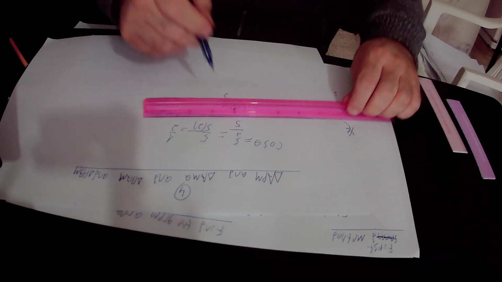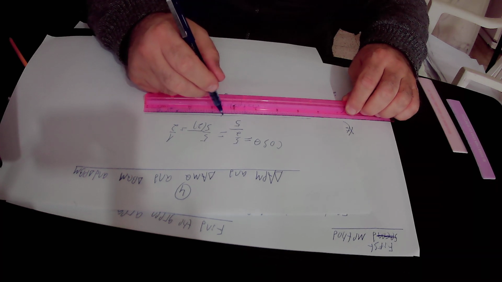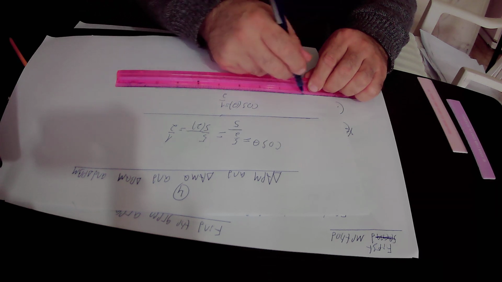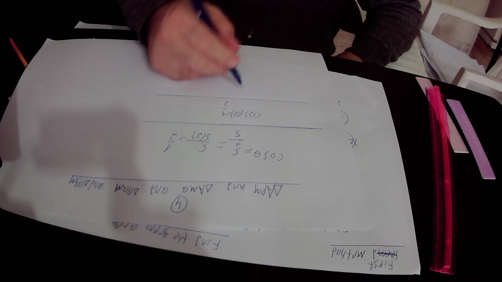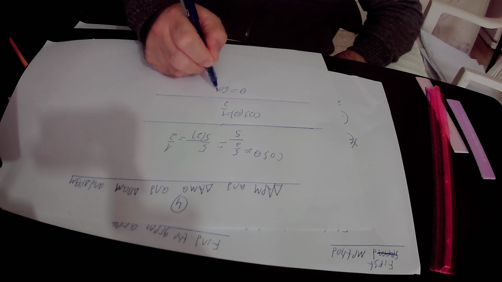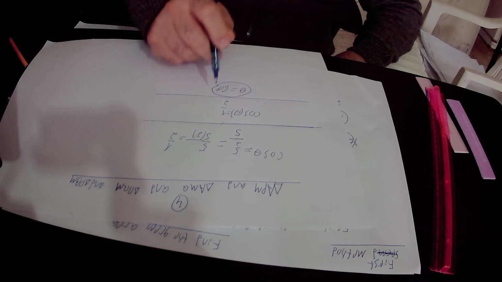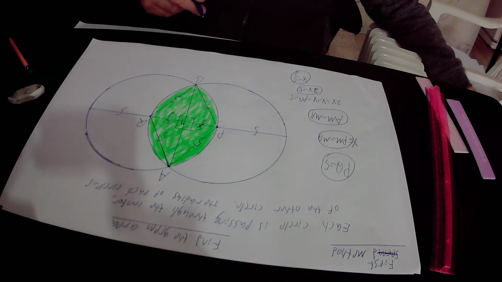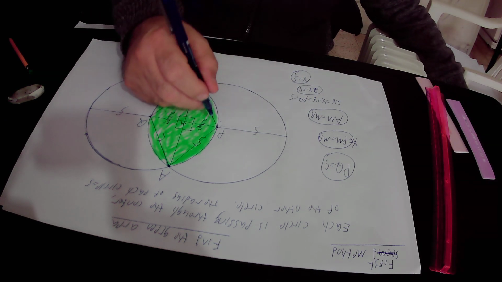And if cosine theta equals 1 over 2, then theta equals 60 degrees. So all the angles here are equal to 60 degrees.